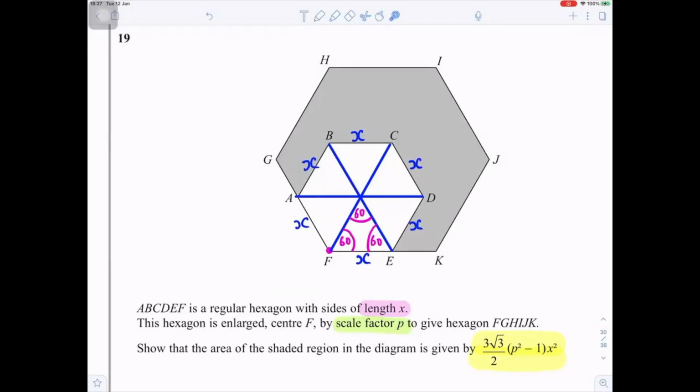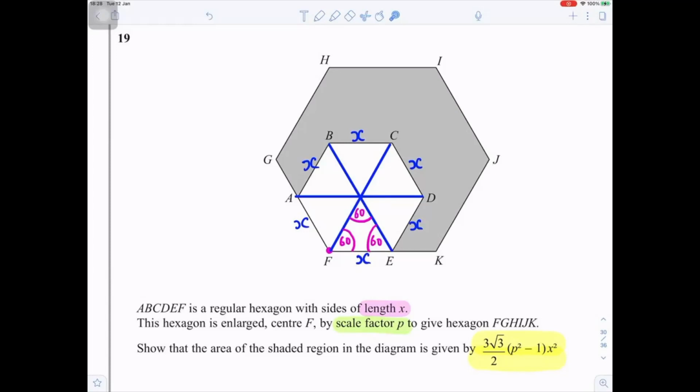So we have a regular hexagon. That means every side is X. All the sides are the same because it is regular. And if you form these triangles in there, those triangles are equilateral triangles.